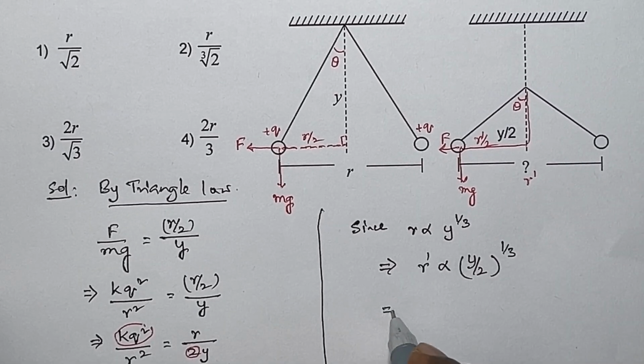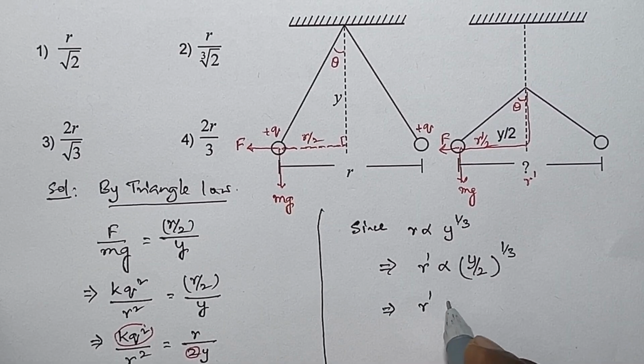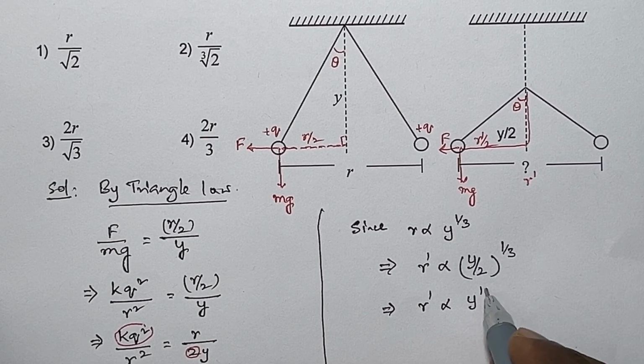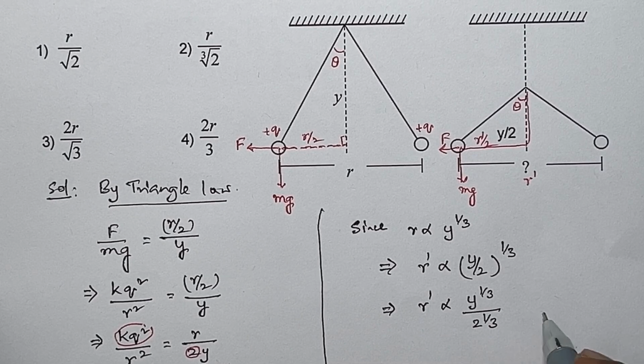So that implies r dash is proportional to y power 1 by 3 by 2 power 1 by 3, that is, y power 1 by 3 by the cube root of 2.